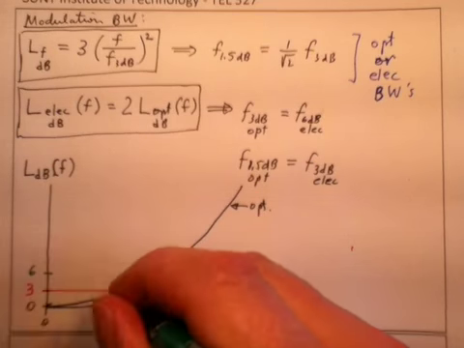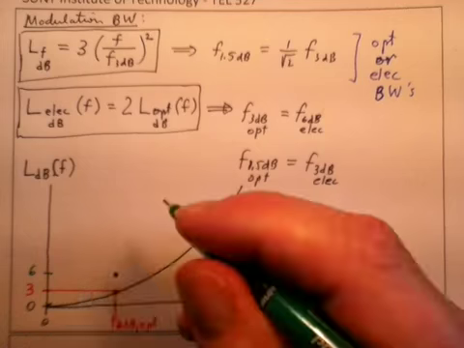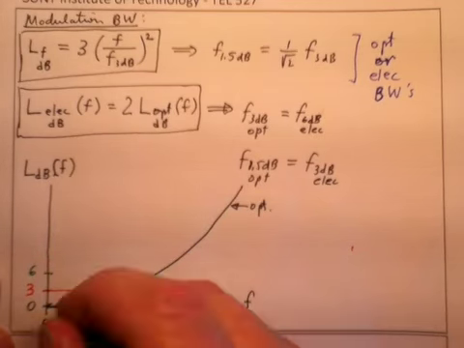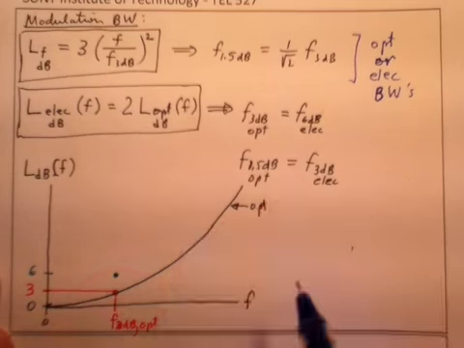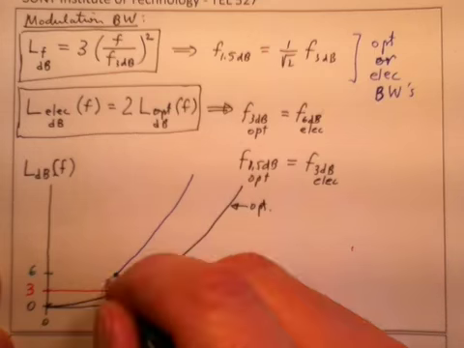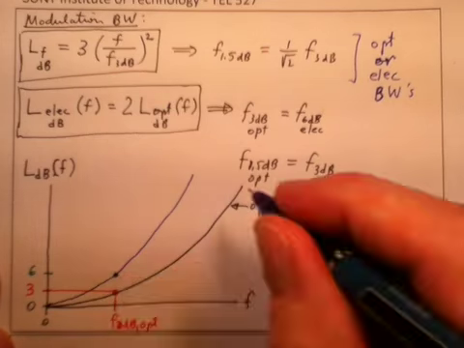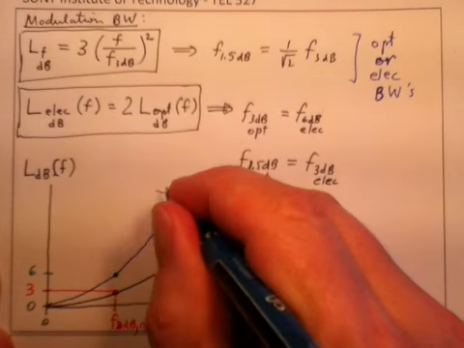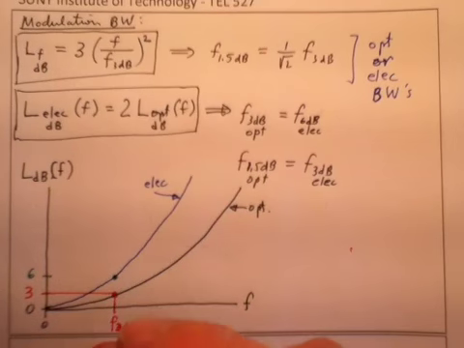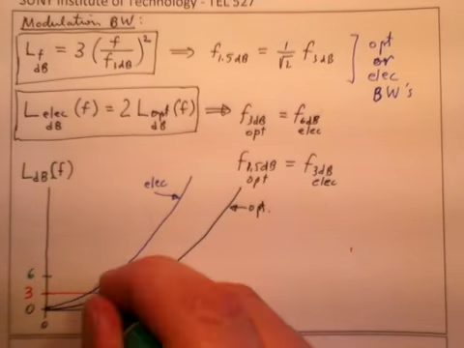So this same point goes up to here. And so the electrical curve is always twice as high. So it's something like this. Okay, and so the 3 dB optical corresponds to the 6 dB electrical.